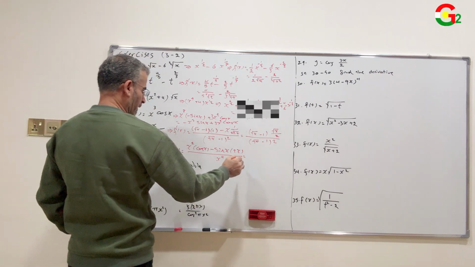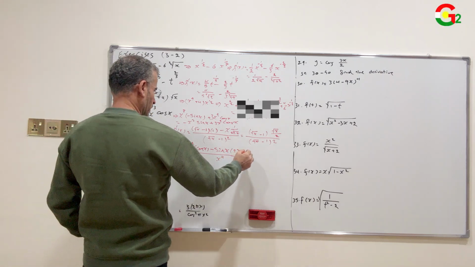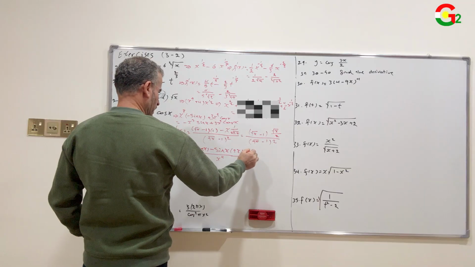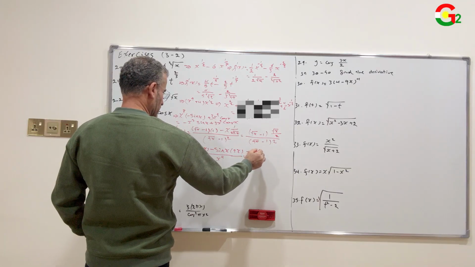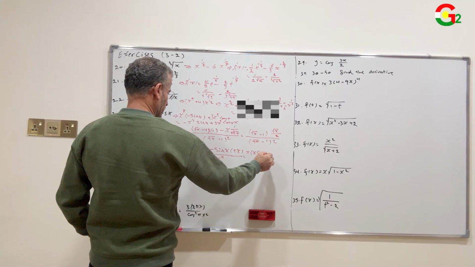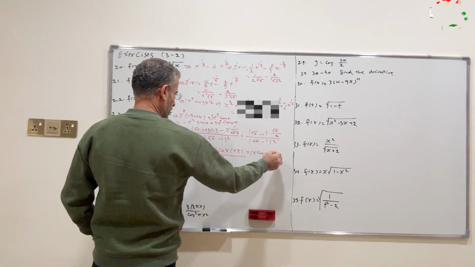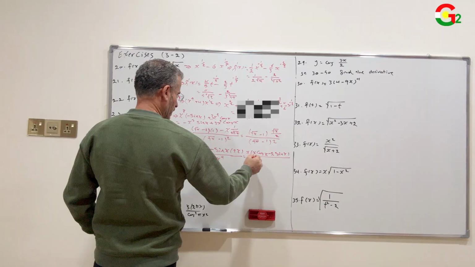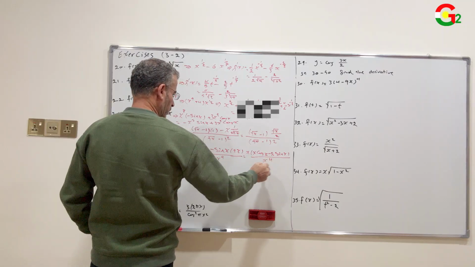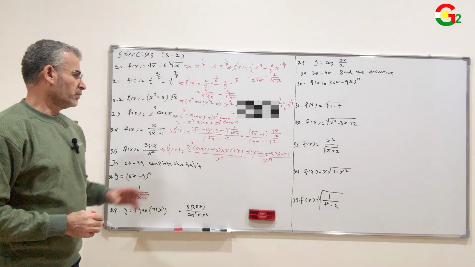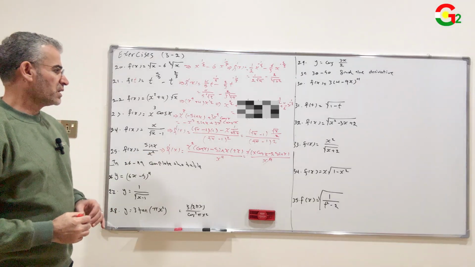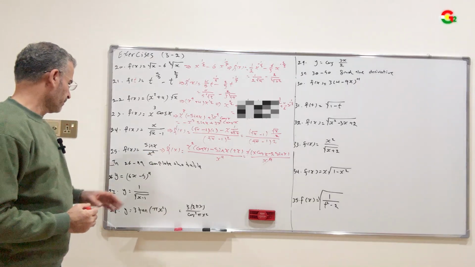We can simplify this by factorizing x, then it will be x cosine x minus 2 sine x over x power 4. Reduce x with x power 4. It will be x cosine x minus 2 sine x over x power 3.